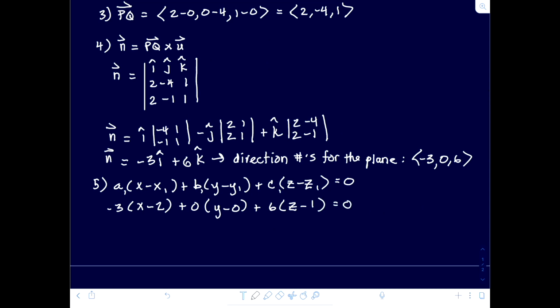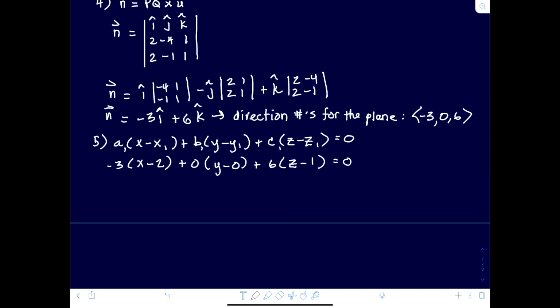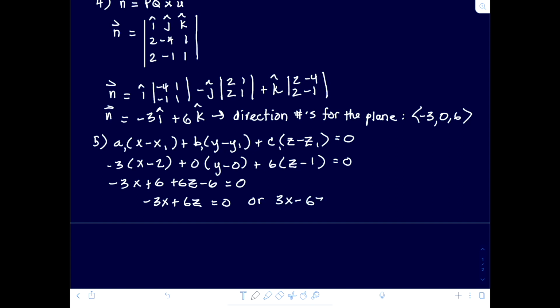And that's equal to 0. And so -3x plus 6 plus 6z minus 6 is equal to 0. And so you can either write it as -3x plus 6z equals 0, or multiplying everything by -1, 3x minus 6z equals 0. And you're all done.